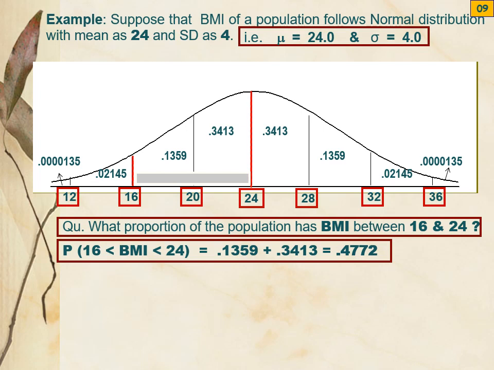Also, you can write it as the probability of BMI lying between 16 and 24. Simply add 0.1359 and 0.3413, and you will get the area between 16 and 24 as 0.4772. Because you know the properties, you know these areas.